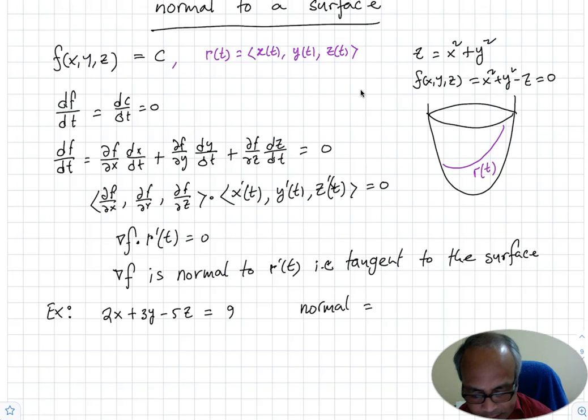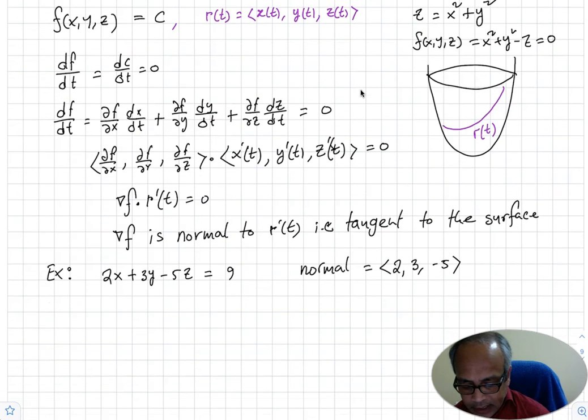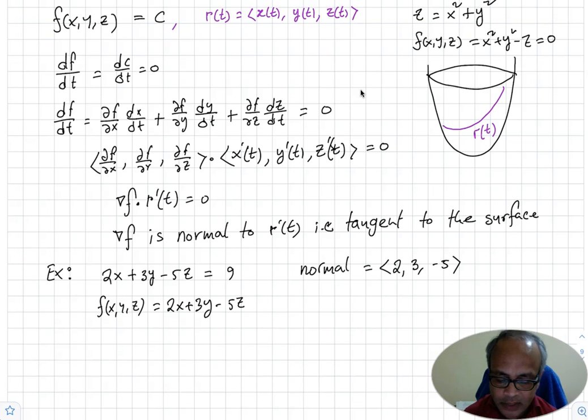Now we take this plane as a function. So you write this as f, 2x plus 3y minus 5z. You can set this equal to 9, or you can set it minus 9 equal to 0. It doesn't matter. It should be the same thing eventually.